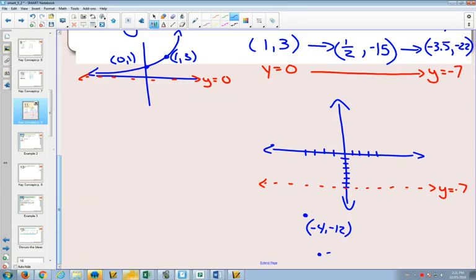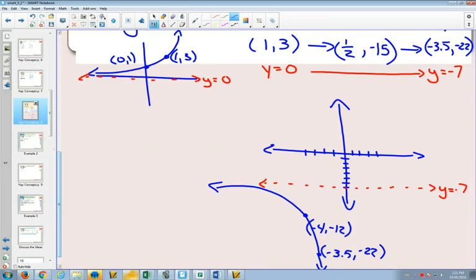Just make an estimate where those would be. Between those 2 points, do you see that it's going down as I go towards the right? So as far as where it approaches the asymptote, it'll approach it this way and go down like this.